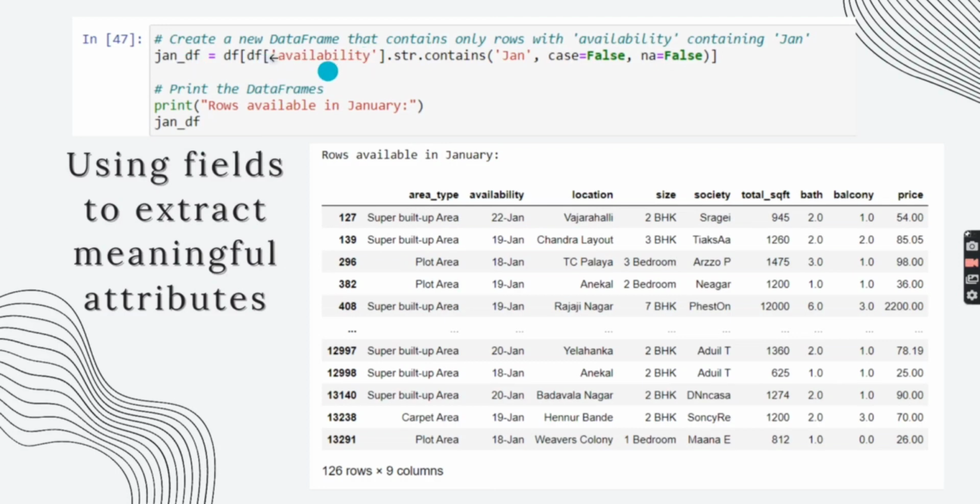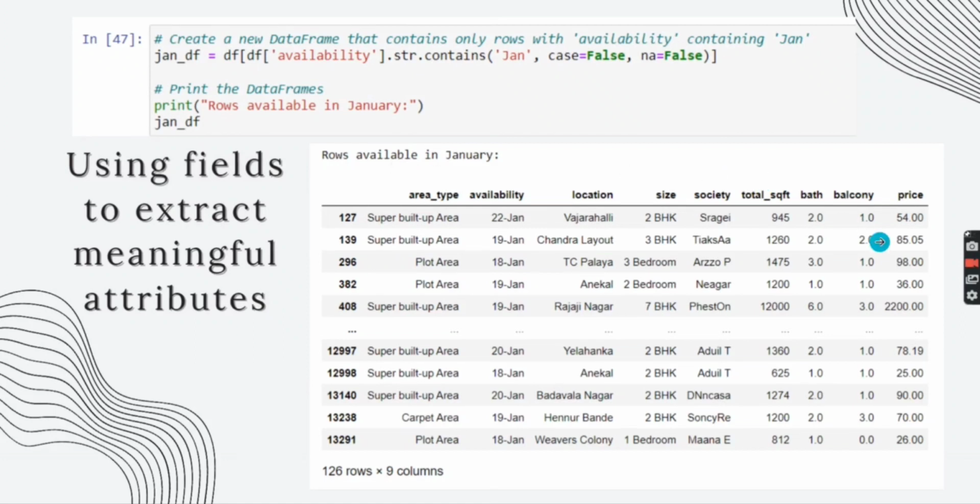So I am filtering with the January string contains function. What exactly does the string contains function do? It checks the particular column for your mentioned string, and if it has it, it gives you the output. So we get the rows available in January, as shown in the figure which we gave as an output.